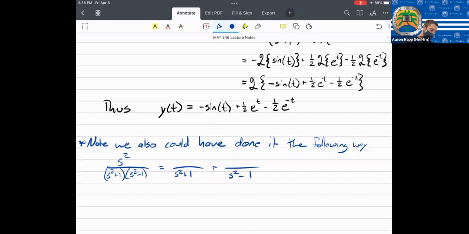And when you do so, I claim you'll get the following values for A, B, C, and D. Double check, so B times S squared, 1/2 S squared, they'll give me that.